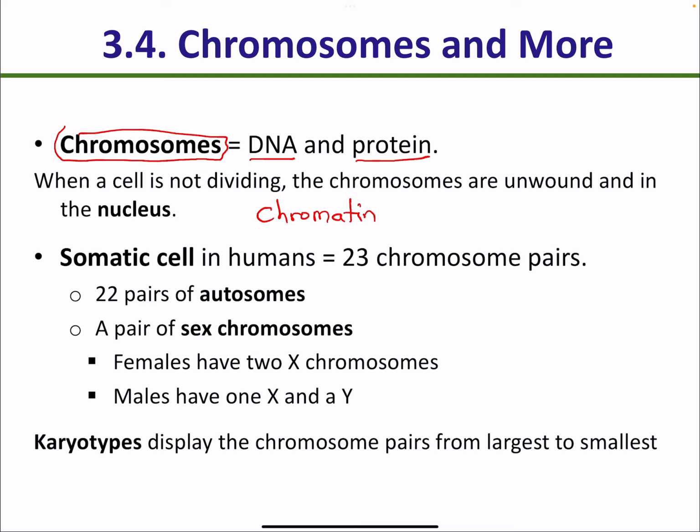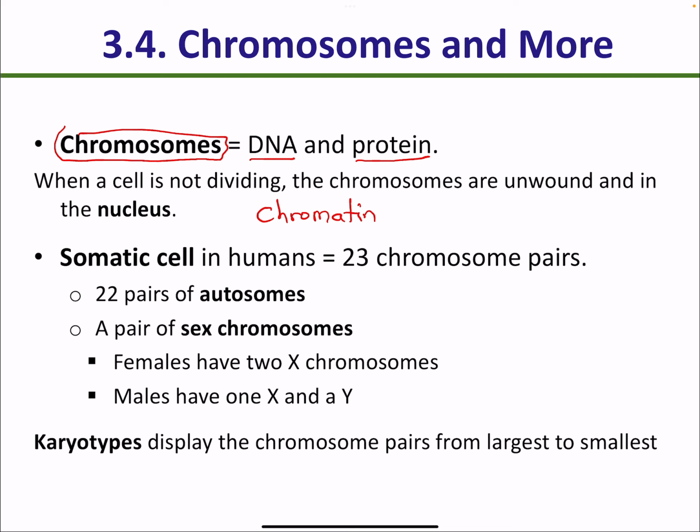That chromatin is in a form that allows gene expression, right? Genes can be expressed. But let me close that parenthesis. When we consider the cells in your body, you really have two major categories of cells.